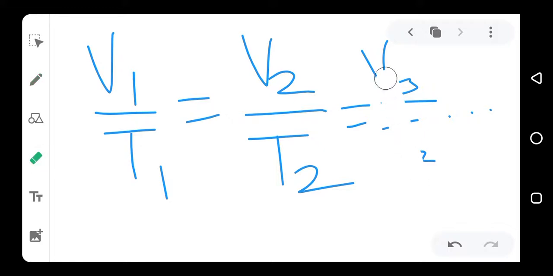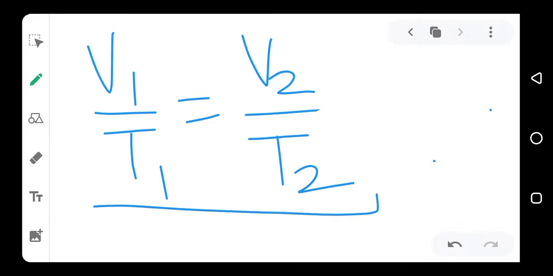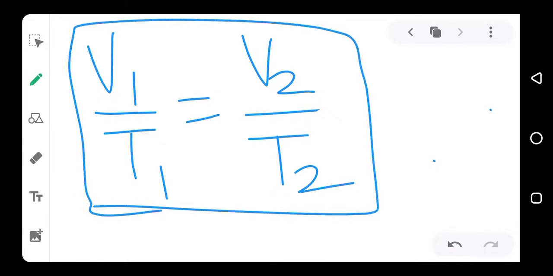But let's leave it to only two because most of the equations we are going to encounter are going to have only two variations, that is two volumes and two temperatures. So this is the mathematical expression for Charles law. V1 over T1 is equal to V2 over T2.